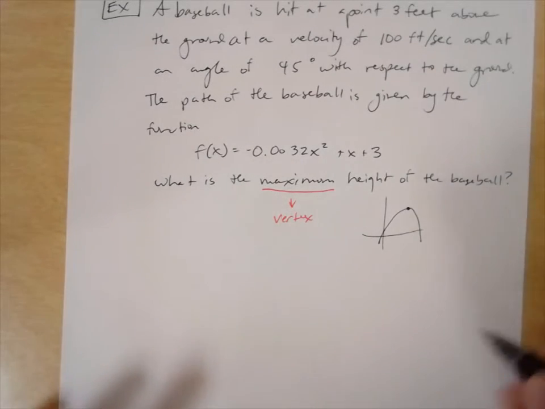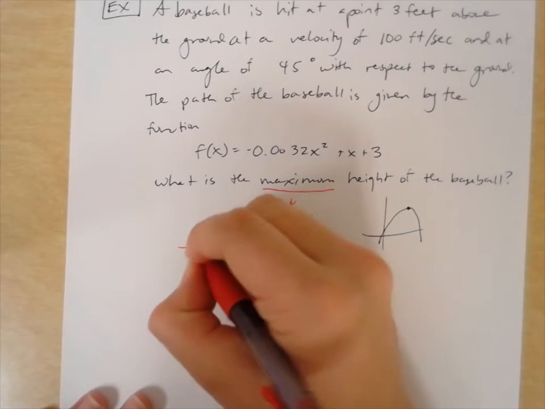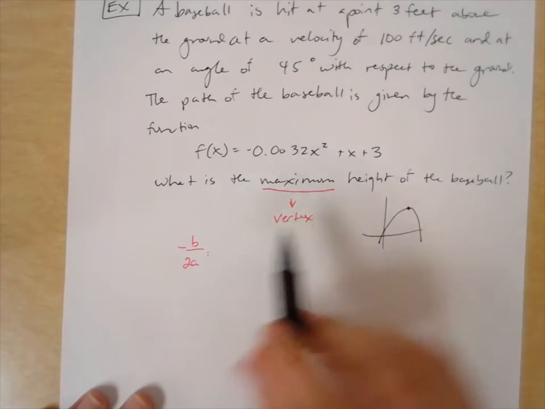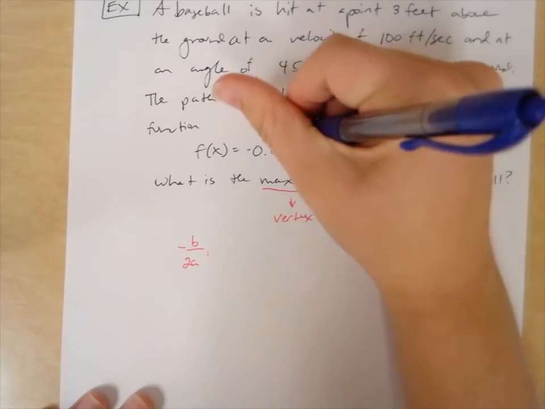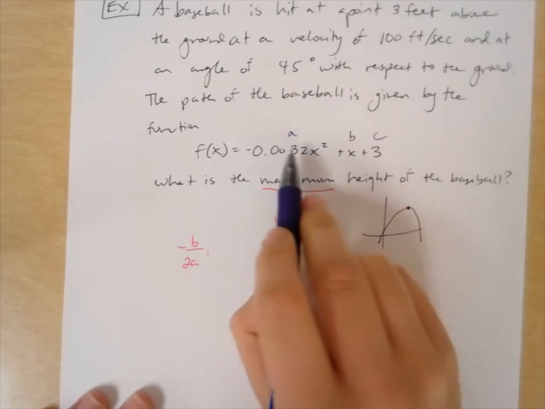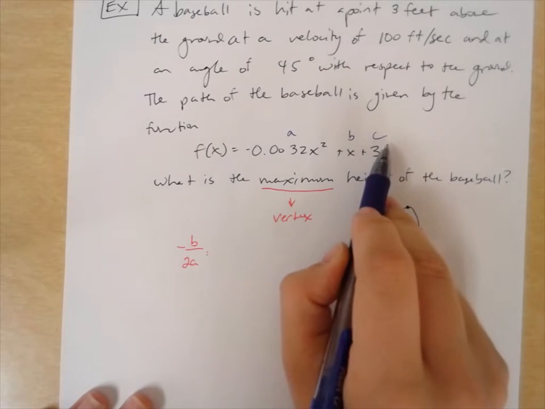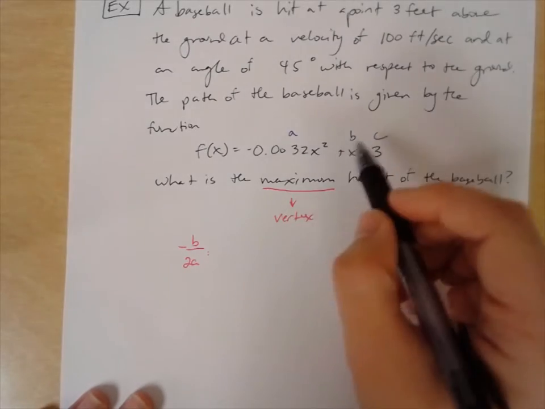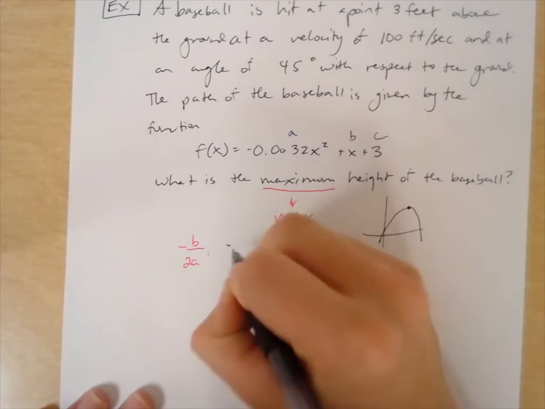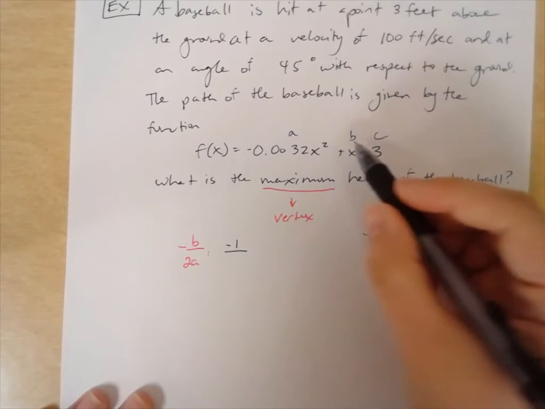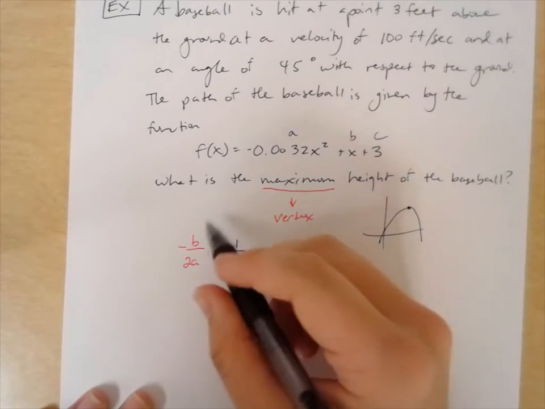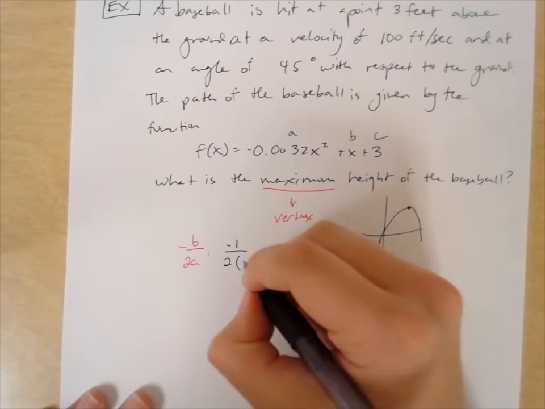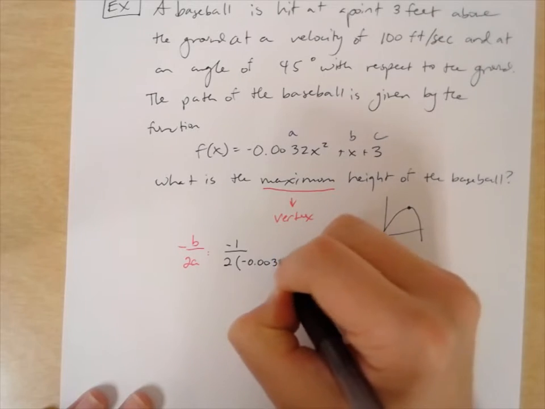Remember, to begin to find the vertex, we need to use that negative b over 2a. And when we take a look at our original function, we see we have an a value, a b value, and a c value. So we're going to use that negative b value, a negative 1. There's no number in front of x, so we know there's a 1 there secretly, negative 1, over 2 times our a, 2 times negative 0.032.